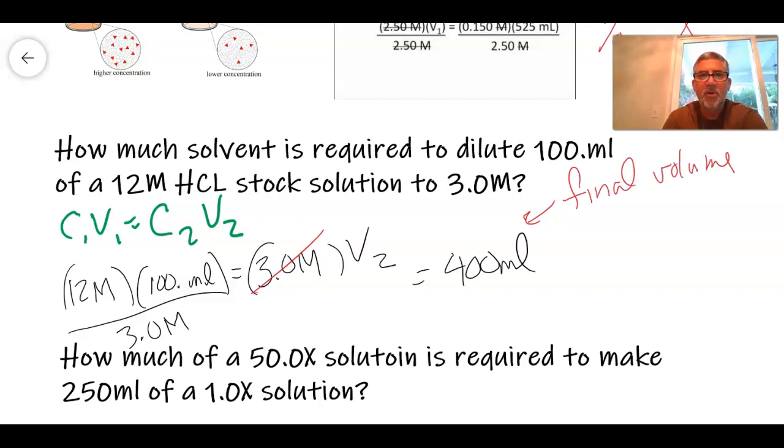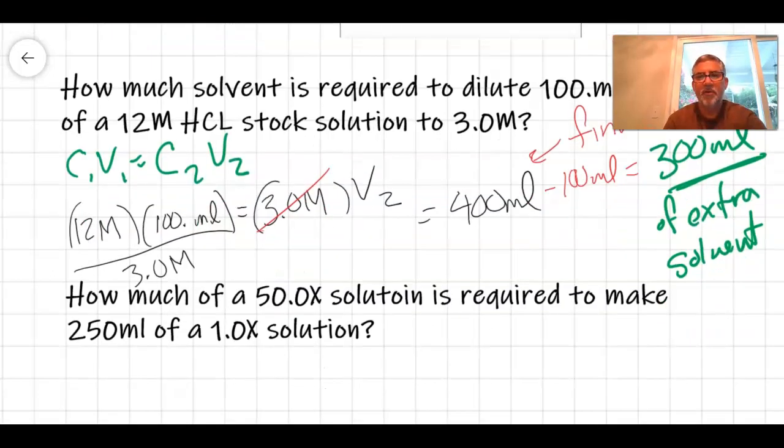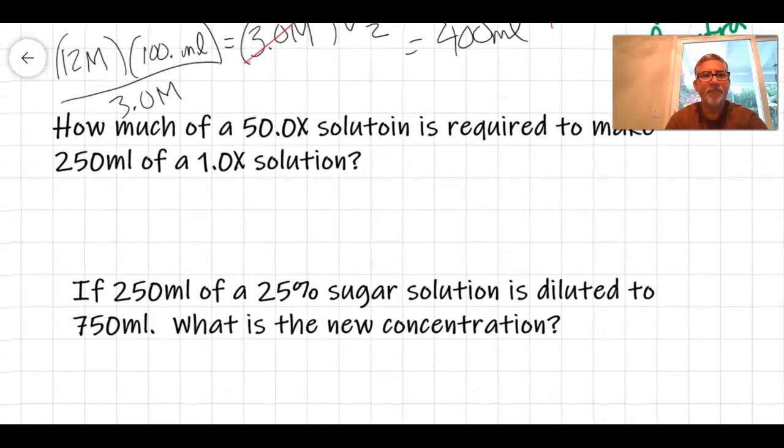It says how much solvent is required, so I have to dilute this 100 to 400. So I need 300 milliliters of extra solvent, because I've got to dilute it up to 400. Okay, so that's how you do that.